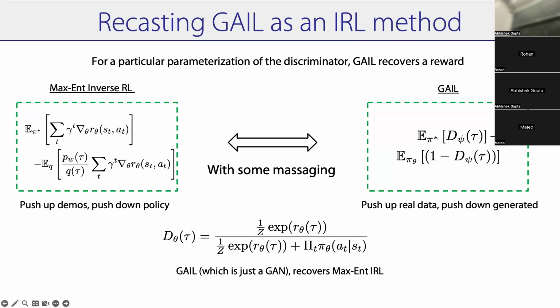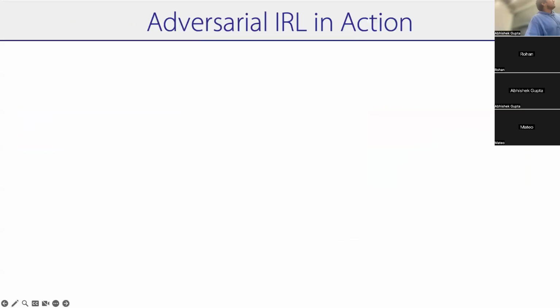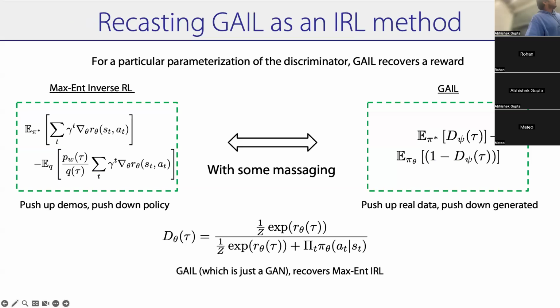And intuitively, this makes sense because you can think of the reward function as discriminating between optimal policies and suboptimal policies, and the policy kind of generates behavior under your current reward, right? And so what people will often do in practice is use this algorithm called GAIL.